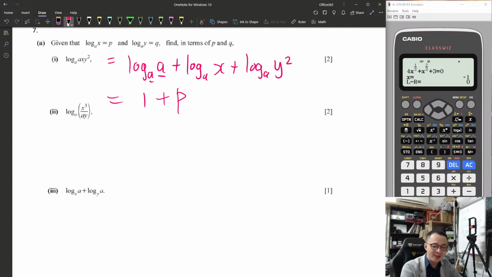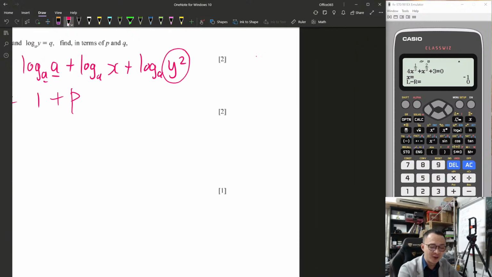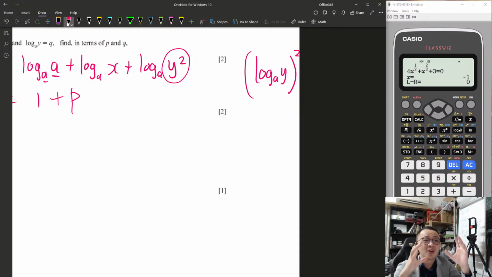Okay, this one, if you say this is q squared, then you give the examiner a chance to mark you wrong. Because you should understand this square is for y. This square is not for the whole log_a y. If the square is for the whole log_a y, the question must put the bracket.